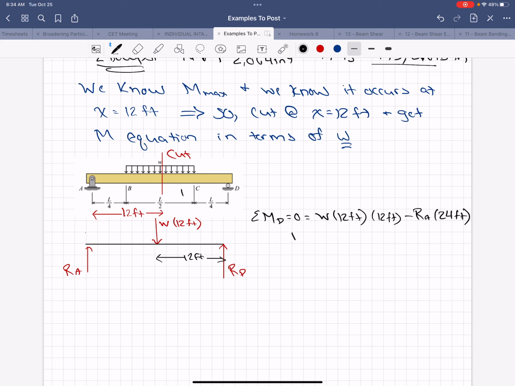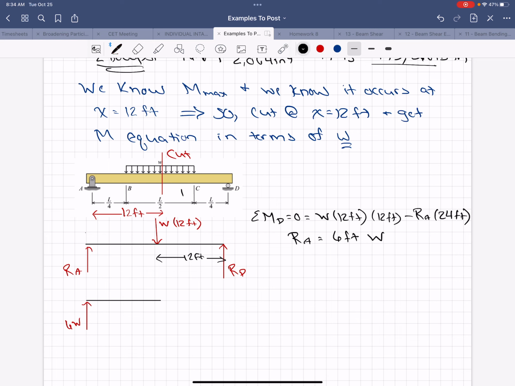So I get RA equals 6 feet times this W we're looking for. I only need RA because I'm going to cut this from the right side. So I have my cut. Now I have RA, which equals 6W.